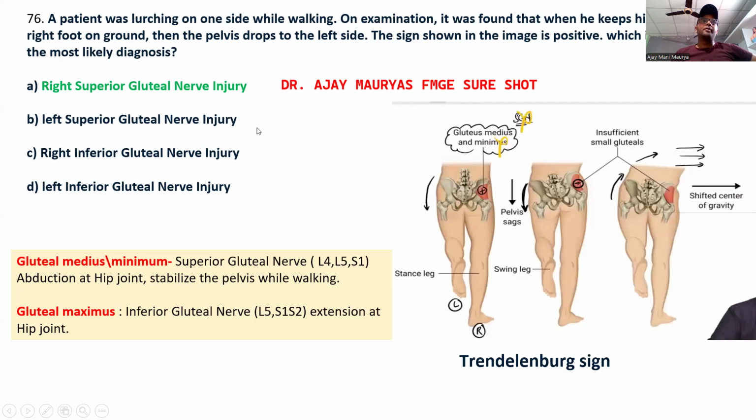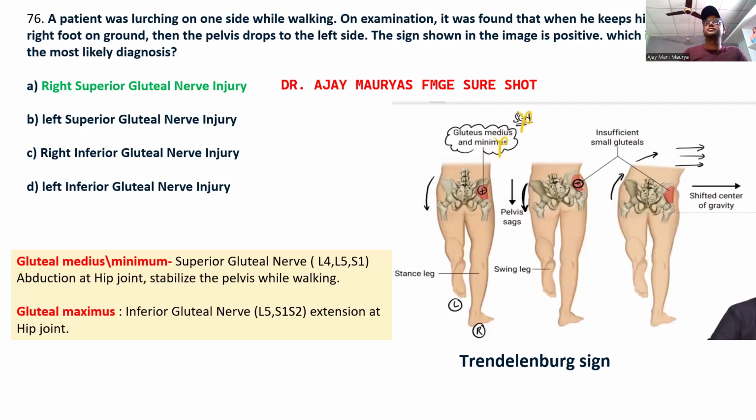Okay, now it is the same side. If they give that there is injury at the left, it means there is a problem in abduction in the same leg only, guys.